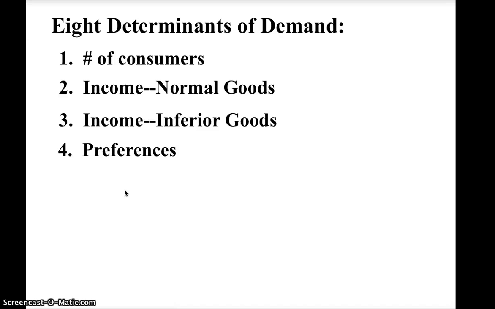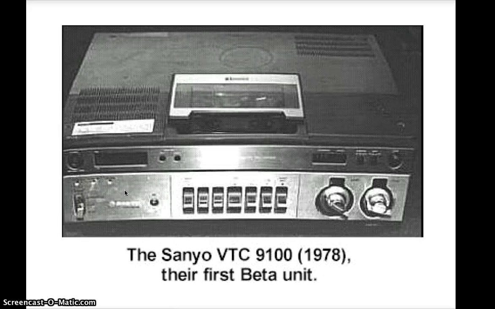The next determinant of demand, something that shifts demand other than price, are preferences. Sometimes we call them taste preferences. So for example, in the late 1970s, if you were going to watch a movie at home, your preference would be maybe a Betamax tape and a Beta unit. But over time, tastes and preferences changed, and the VHS became in fashion, and the demand for Beta was out and the demand for VHS was in.